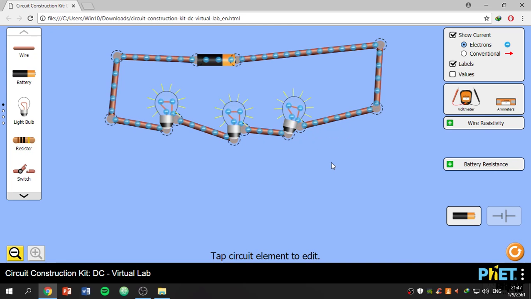As you can see, as I have told you, if there are more resistors, the light will be dimmer.